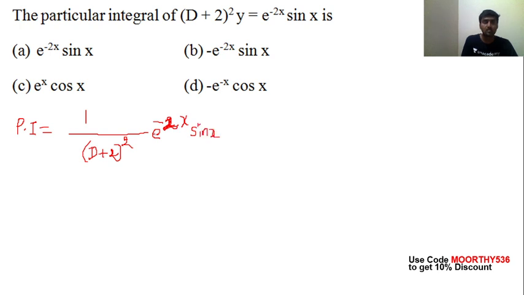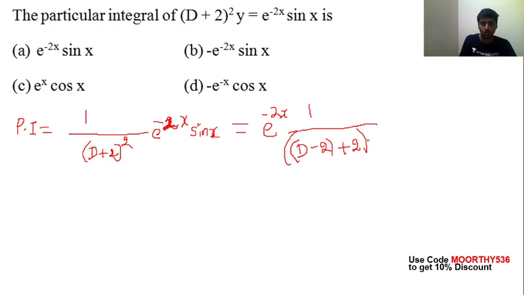Now we have to take this e power minus 2x to the front side. As per this discussion, e power minus 2x into 1 divided by, instead of D, substitute D minus 2, plus 2 the whole square, into sin x.